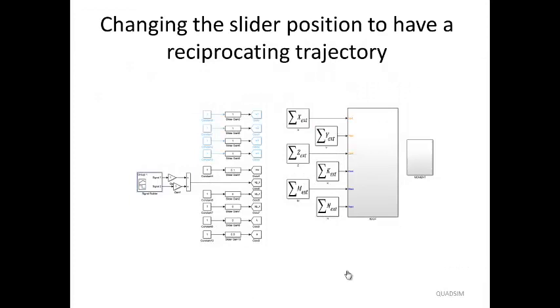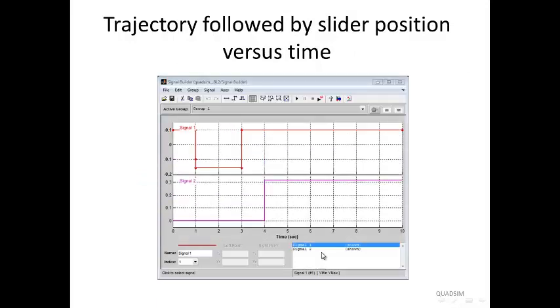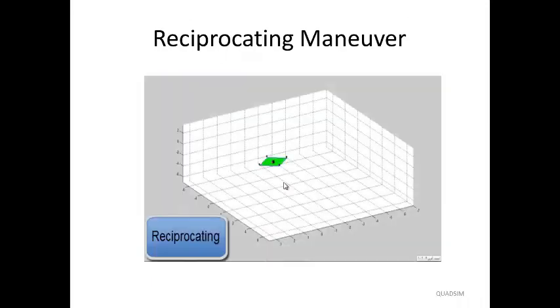But what about reciprocating trajectory? We define the trajectory with this kind of signal generator in Simulink, and we can see the result of this changing. Please see it.